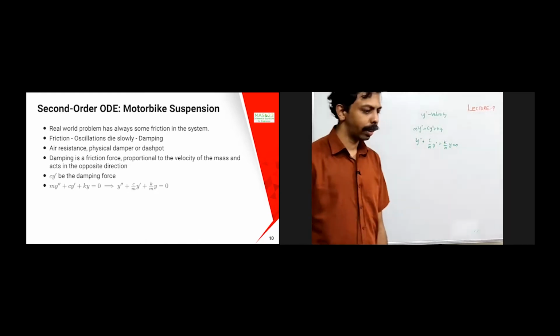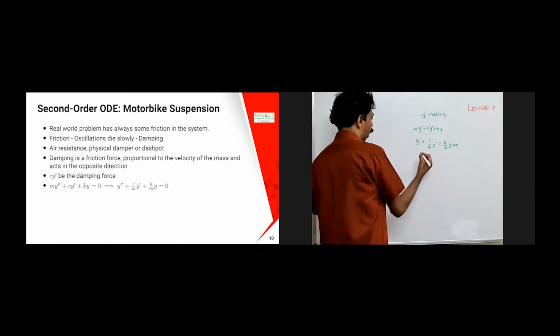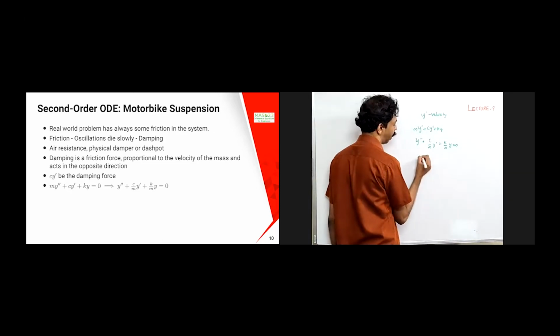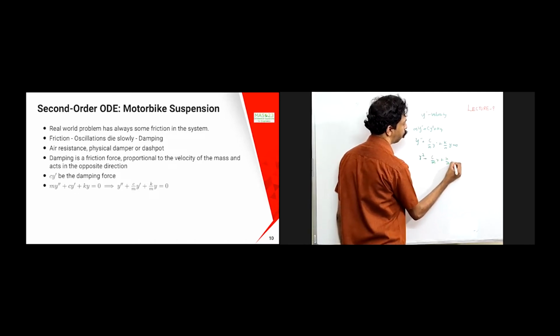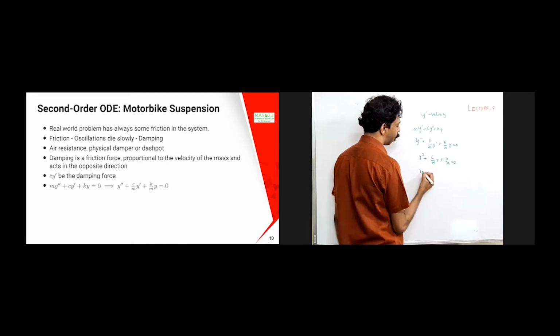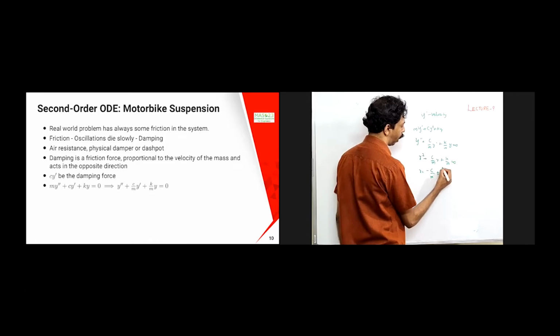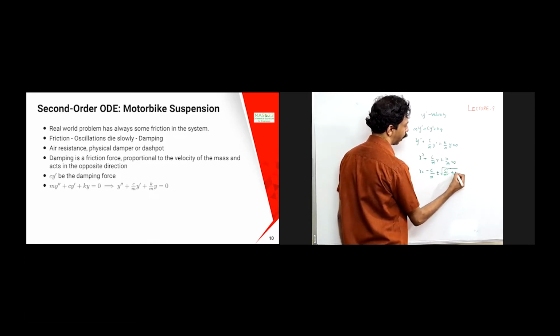Again I can calculate my auxiliary equation: r square plus c by m into r plus k by m equal to 0. So I can find the roots of this equation. This is going to become minus c by m plus or minus square root of c square by m square minus 4 k by m, divided by 2.